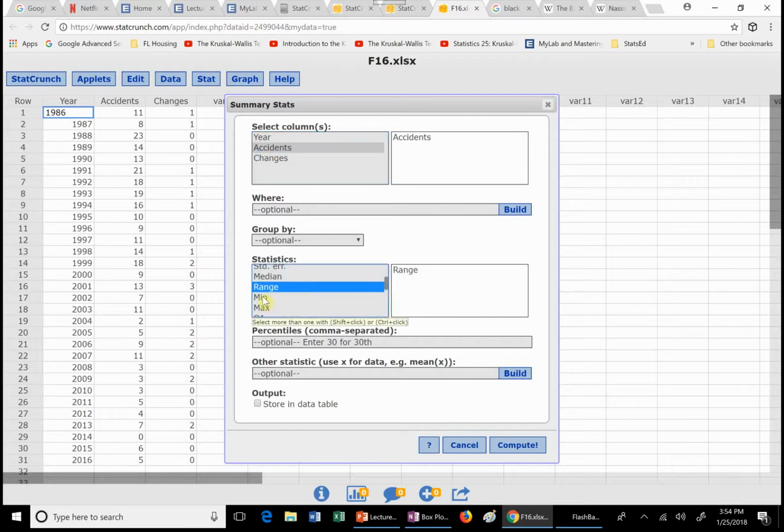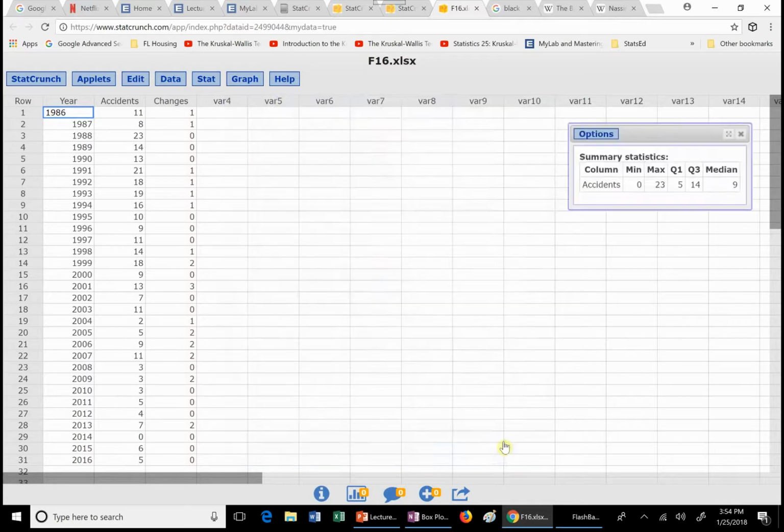I want the minimum value. I'm going to hold Control and now pick out the maximum value, Q1, Q3, and I want Q2, which is actually the median, right? And I'm going to go ahead and hit Compute, and it'll give me those values.